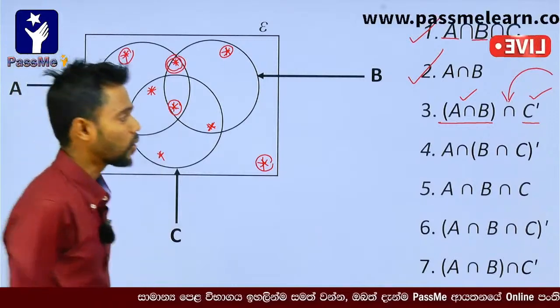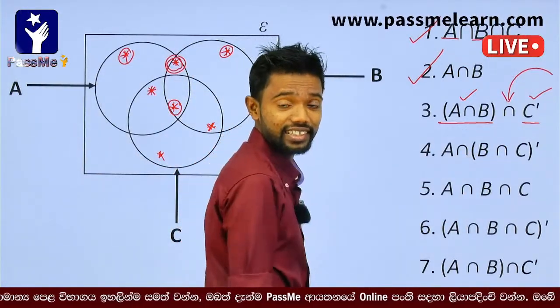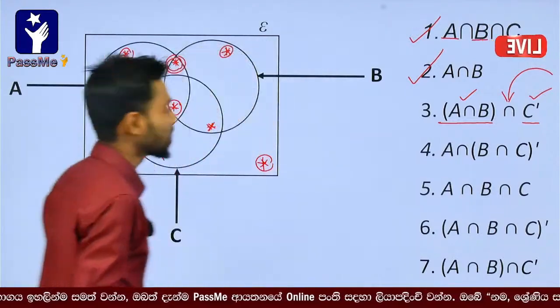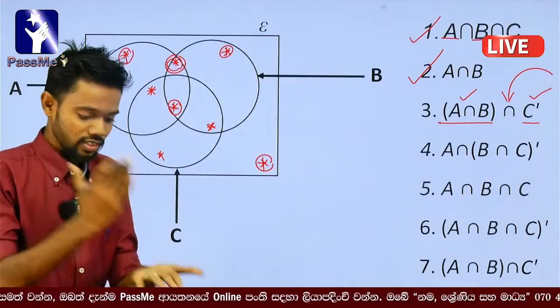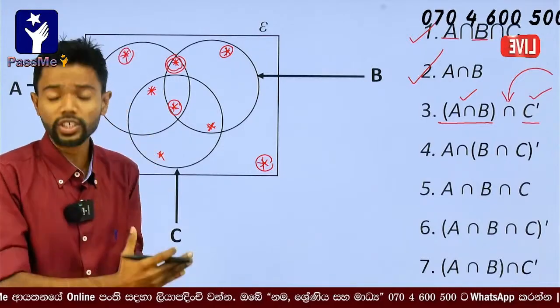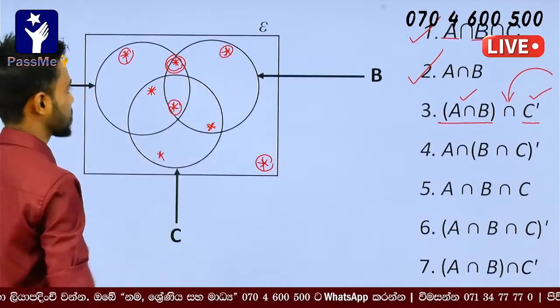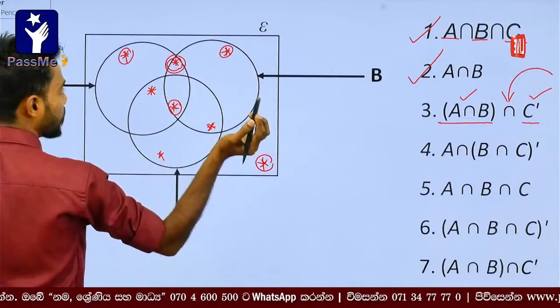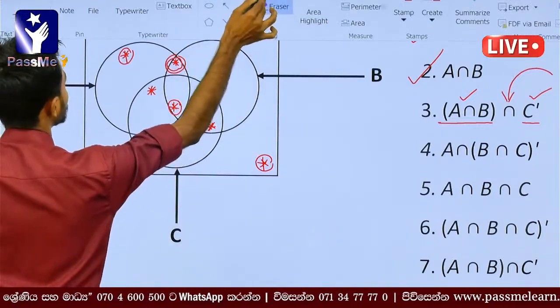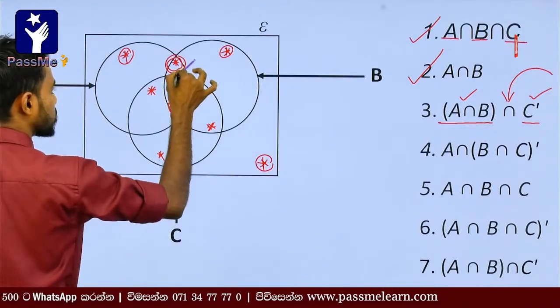Now look at this one. Intersect means common for both. Common for both means you have a place where there are 2 types of shading. That means there are 2 circles. This is the place. So I will use a different color to represent this one.